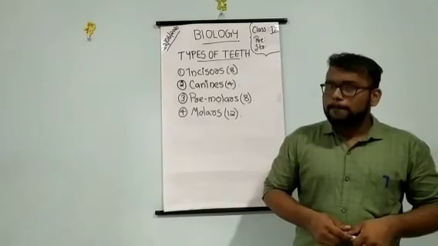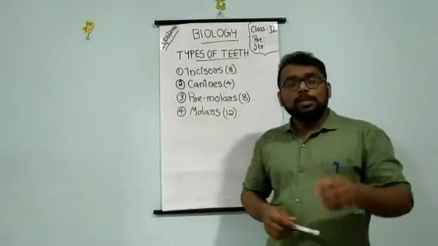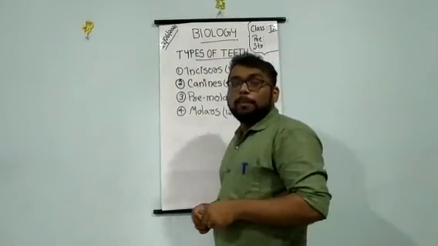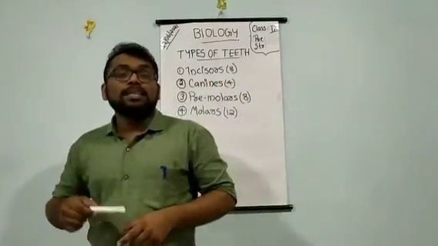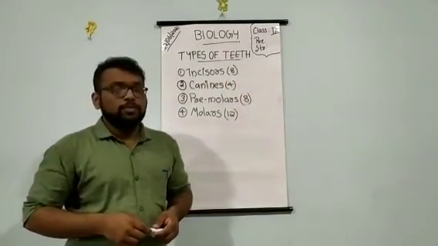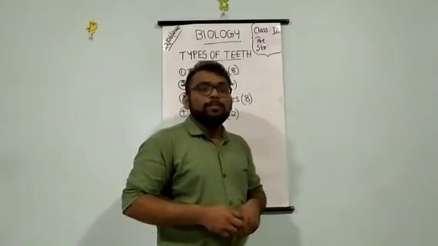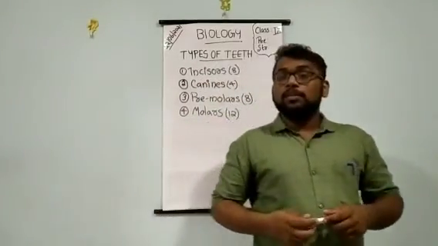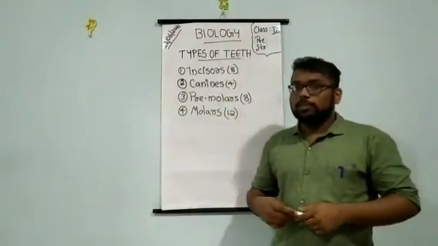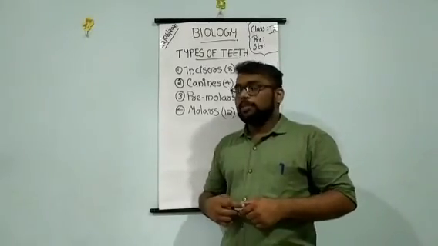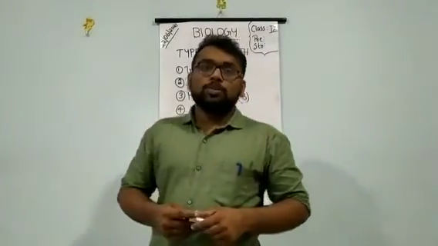Have you written? Okay, very good. So here is the second one. Prepare a labeled chart on types of tooth. Once again, prepare a labeled chart on types of tooth. Okay, I think you have clearly written the two homeworks, isn't it?